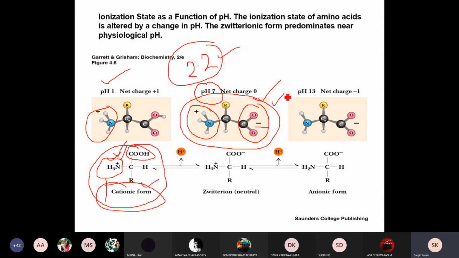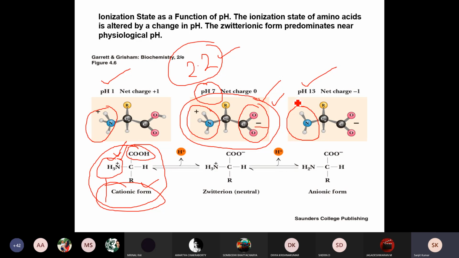Plus minus, net zero. Now suppose it is a glycine molecule, and you are increasing the pH up to 13. When you increase the pH, what will happen? Again, there is protonation or deprotonation. NH3+ becomes NH2.